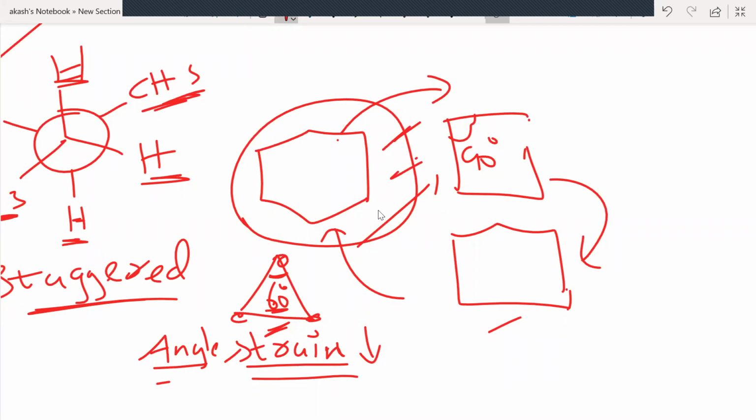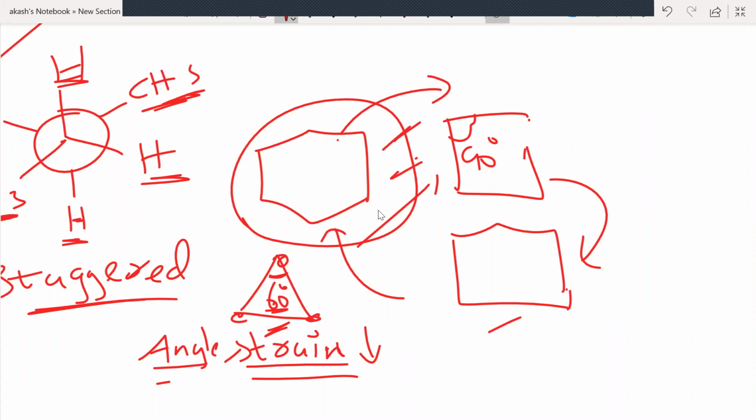But after that, the bond angle is greater than 109 degree 5 minutes. So out of all the membered rings, the 6-membered ring is the most stable one. Not 3, not 4, not 5, not 7. 8 is going to be still more unstable. The most stable cyclic structure is cyclohexane.